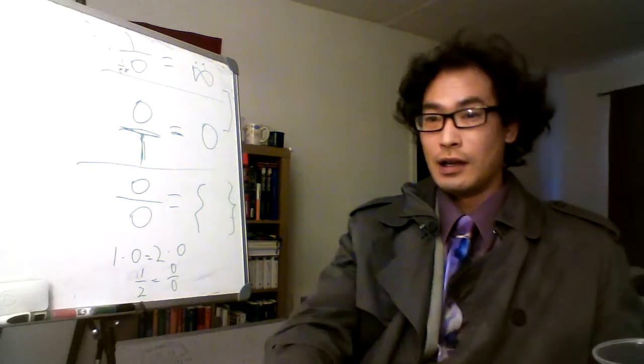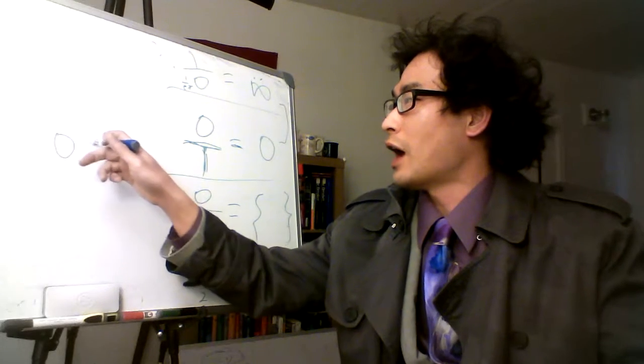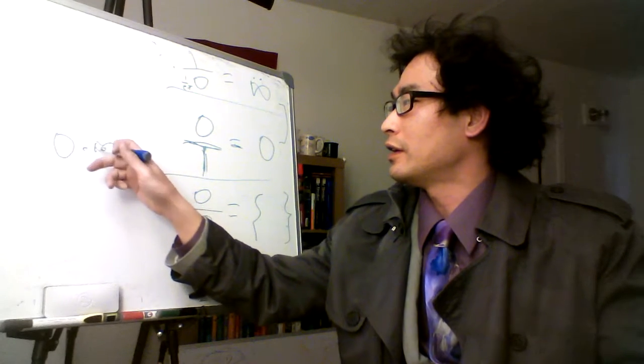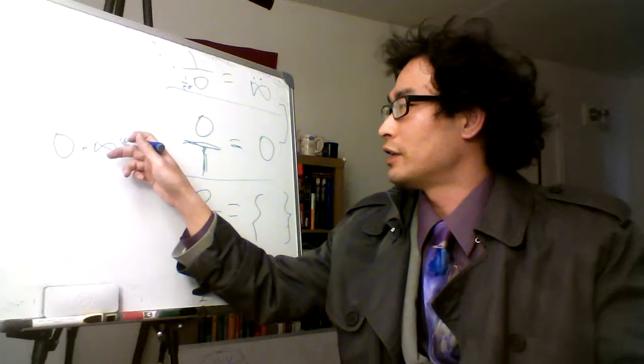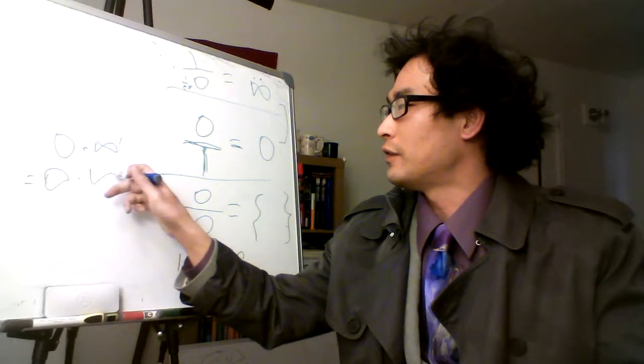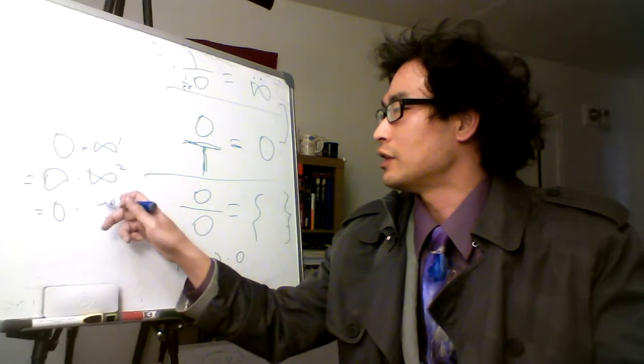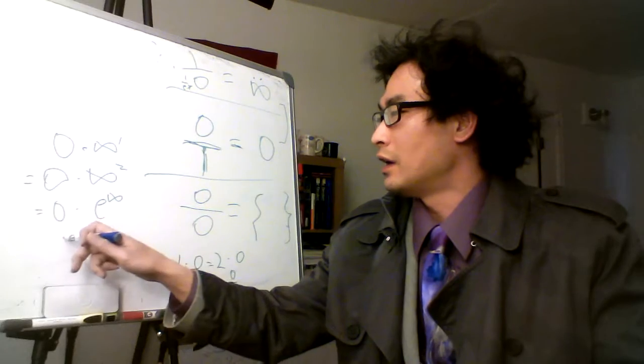Okay? 0 times infinity to the fourth degree is equal to 0 times infinity squared is equal to 0 times e to the infinity is 0.